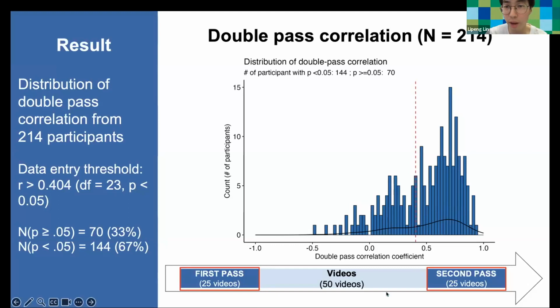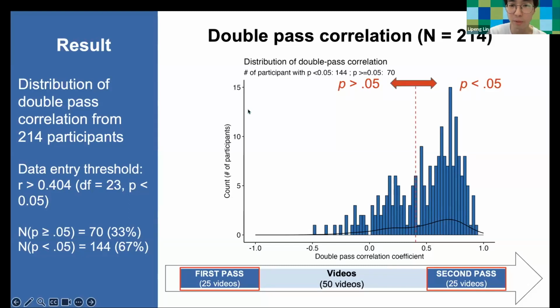The horizontal axis is the raw value of correlation, while the vertical axis shows the density. The vertical red line here is R equal 0.404, which corresponds to P equal 0.05 at 23 degrees of freedom.